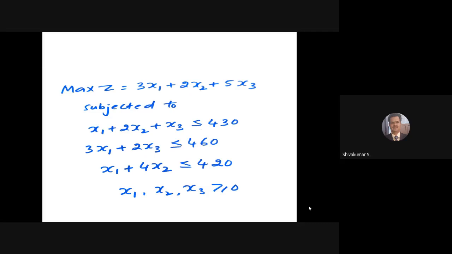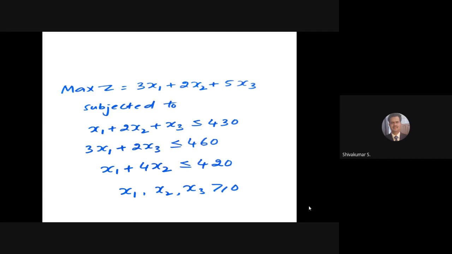Suppose you want to ask one more question: if you have greater than sign instead of less than sign, then you introduce a surplus variable, that is minus S. Imagine, for example, in the first equation, if you have x1 plus 2x2 plus x3 greater than or equal to 430, then you are going to do minus S1 because of the greater than sign.